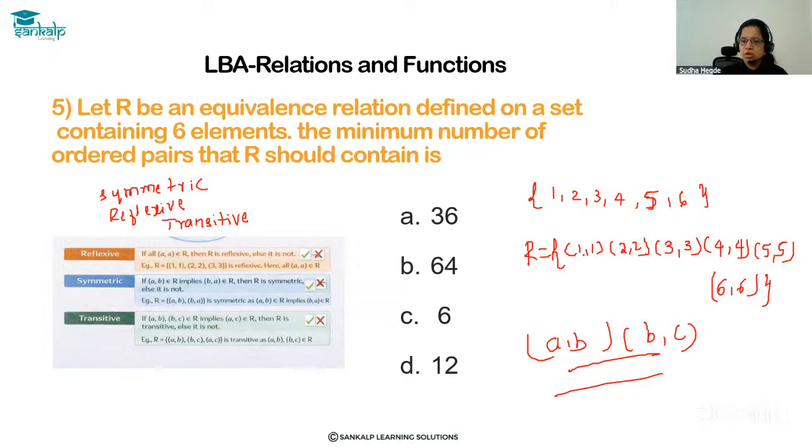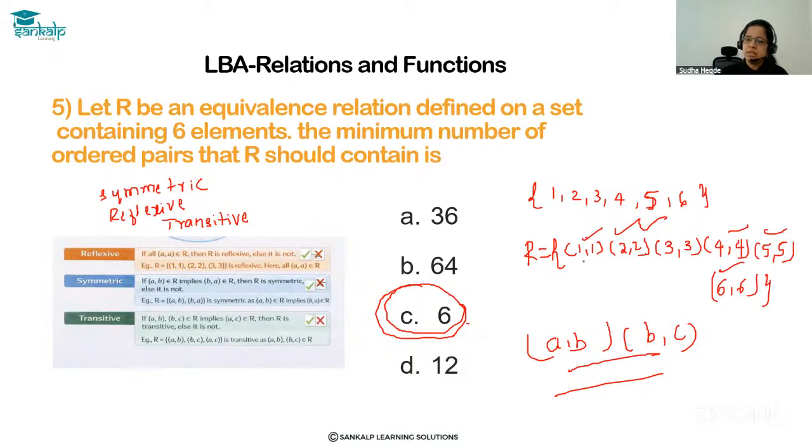So the minimum number of elements required: (1, 1), (2, 2), (3, 3), (4, 4), (5, 5), and (6, 6). So option C, 6 is the correct option.